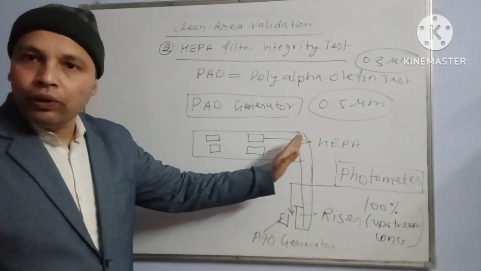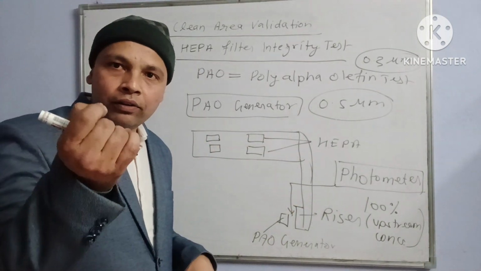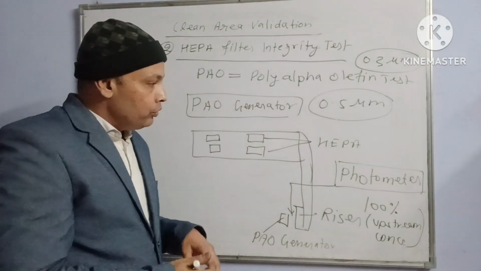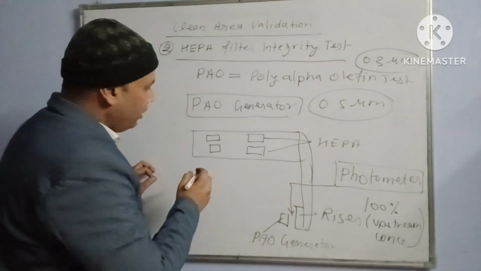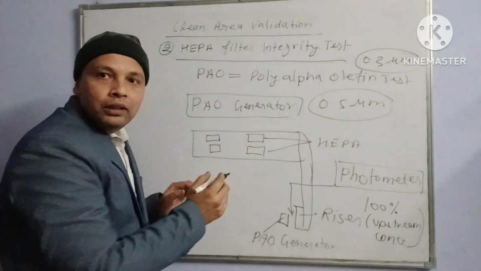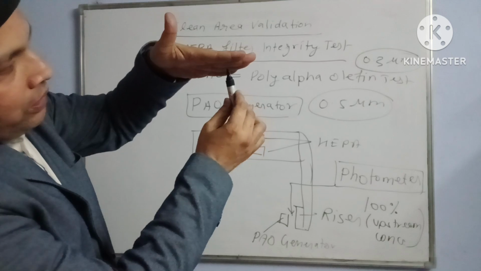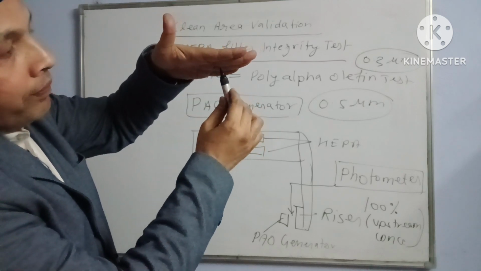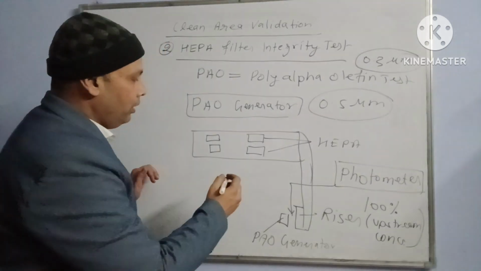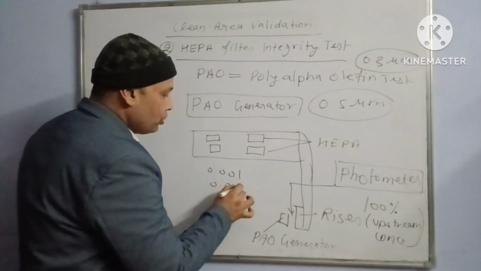Now these particles are going in the line of AHU and coming through this HEPA. If the HEPA is torn, then those particles will also come out into the room through that HEPA. So by using the photometer, we will scan the whole surface of the HEPA, like this. The digital photometer shows the reading, just like 0.001, 0.002.